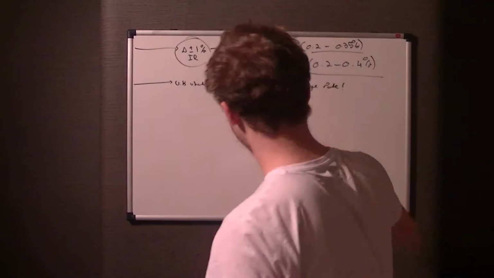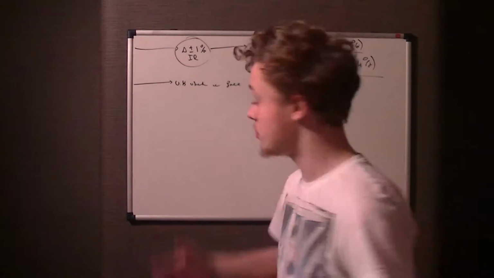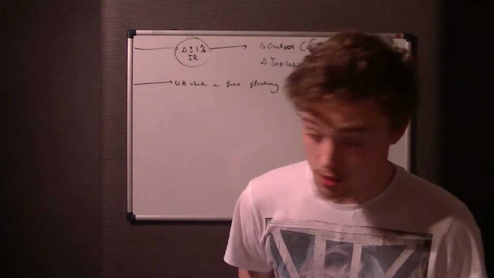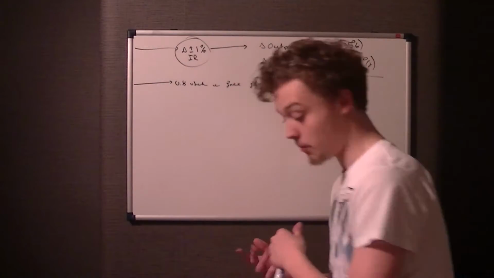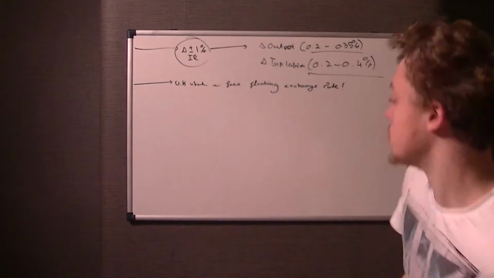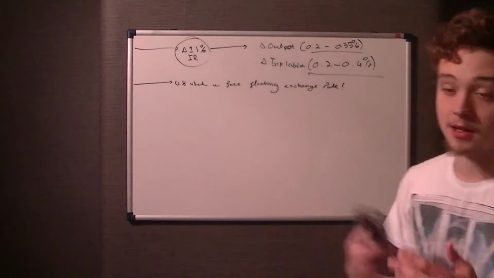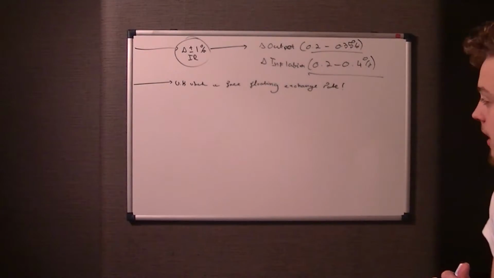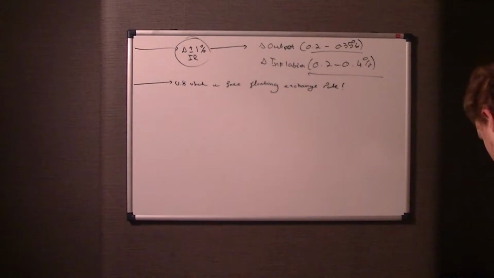But because we have a free floating exchange rate, it doesn't really matter what we do, because we just leave the market forces of demand and supply for the pound to cancel each other out and give us an overall equilibrium.